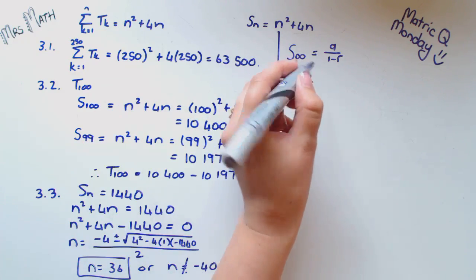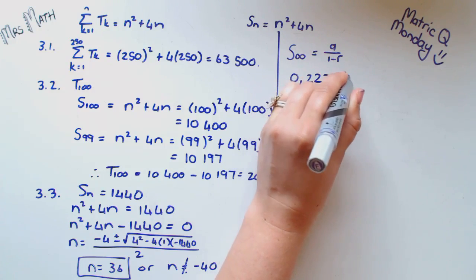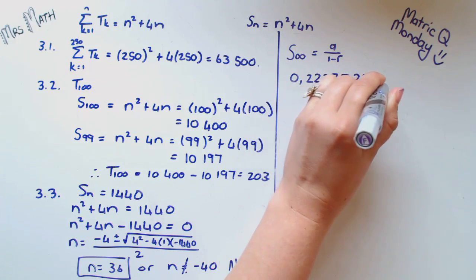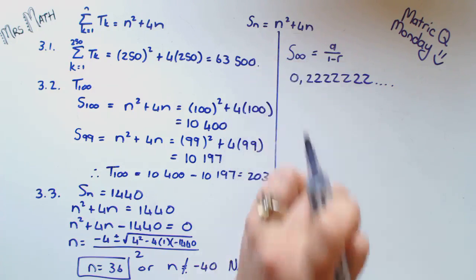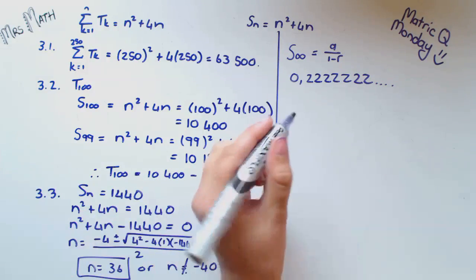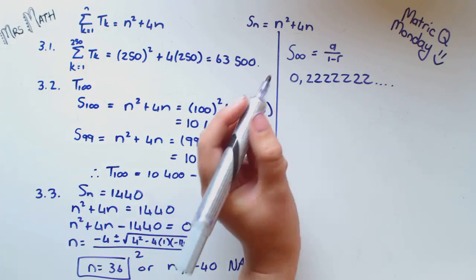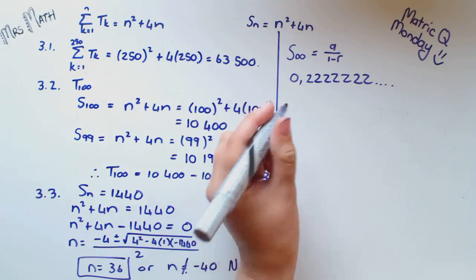Right, so 0.2 recurring looks like this, right? Okay, and I know this formula works with sequences and series, so I'm going to try and express 0.222 as a series.